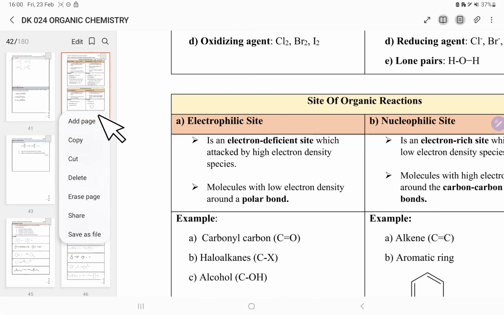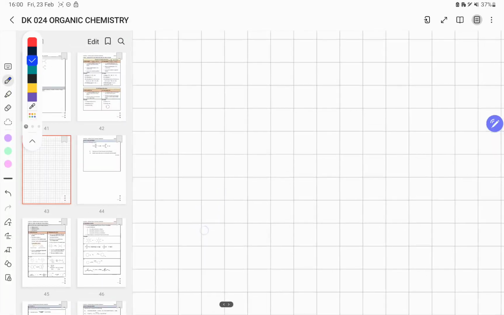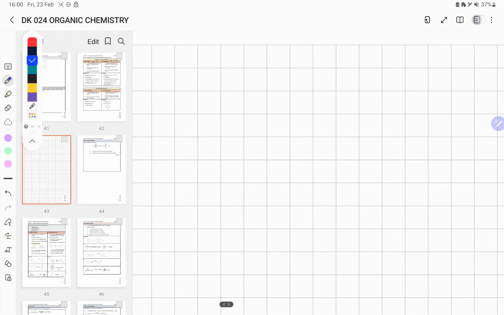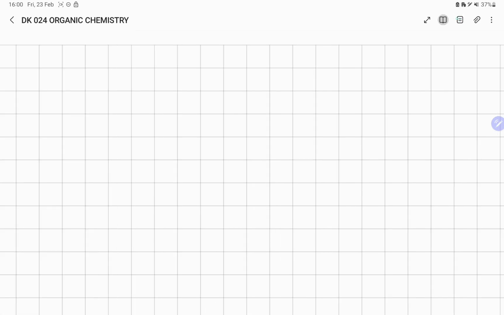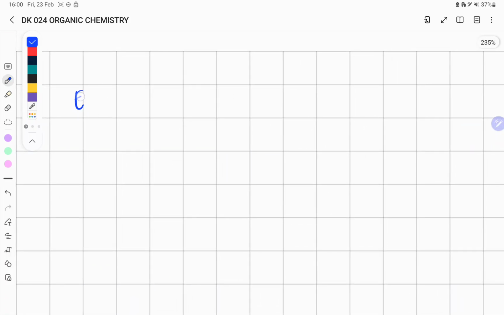at a page. Okay, so let's focus on the first one. I want to show electrophile dulu. So take a piece of paper. Dia suka elektron.